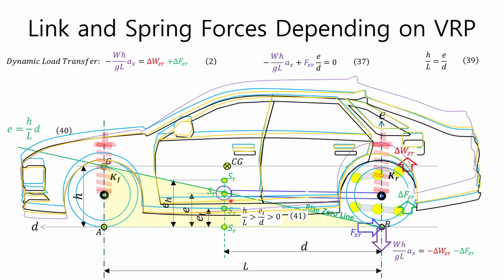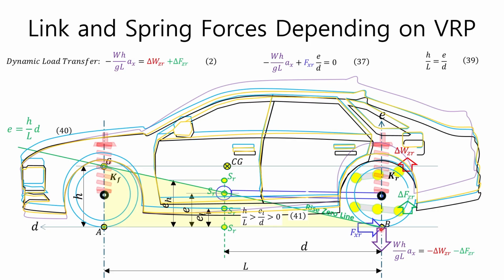Conversely, if the virtual reaction point is lowered, the amount of the vertical dynamic load through the spring, delta WZR, increases, while the amount of the vertical dynamic load through the suspension links, delta FZR, decreases. We will examine the physical implications of this through equations and figures.